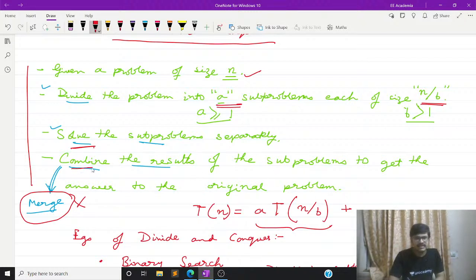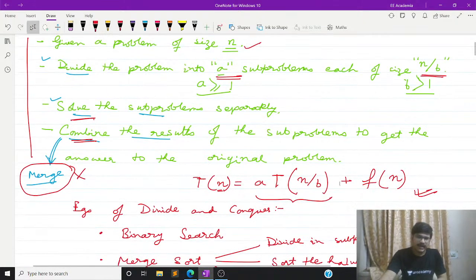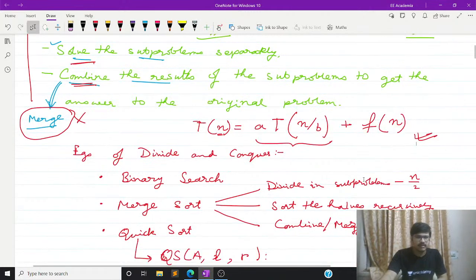And the combine step is going to be, let's say, a function f(n) of the input size n. It can be O(n), O(1), O(n^2), anything depending on the problem. This is what varies with the problem, f(n). So this is a general recursive relation for any divide and conquer problem which you will see.